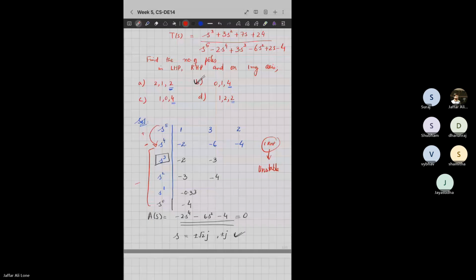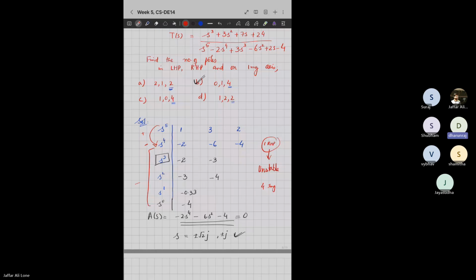But if there would have been no poles in the RHP, then the system would have been what? I'm asking this question to Darun Raj. Let's assume there are four poles on the imaginary axis, as we saw, and one pole which was in the RHP is now in the LHP. Tell me, will the system be stable, marginally stable, or unstable?